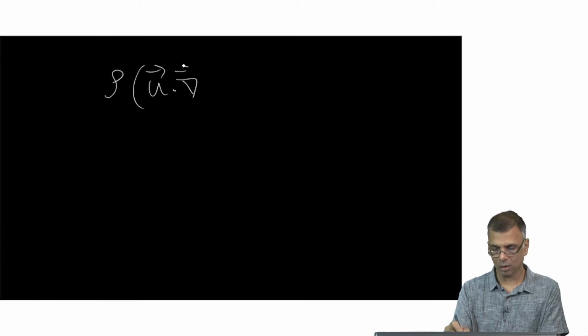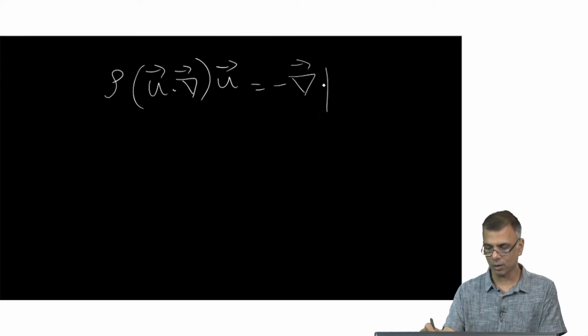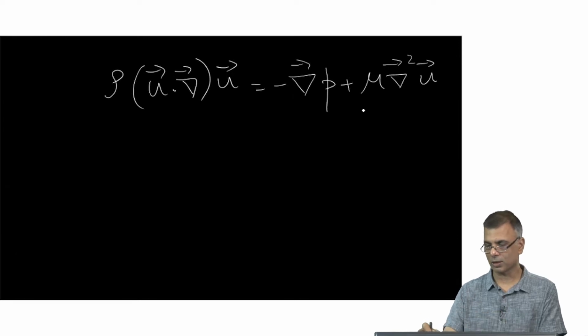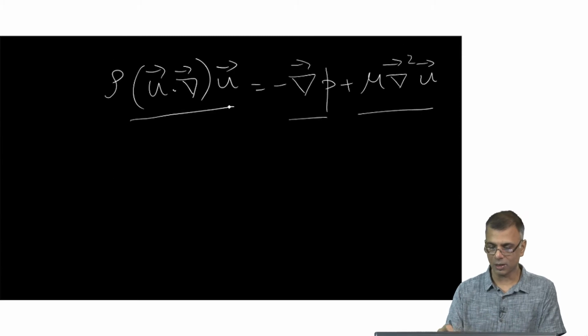If we do that, the Navier-Stokes equation is simply rho times, so this is MA, so to speak, and the MA can be due to pressure gradients, and there's also the viscous term.